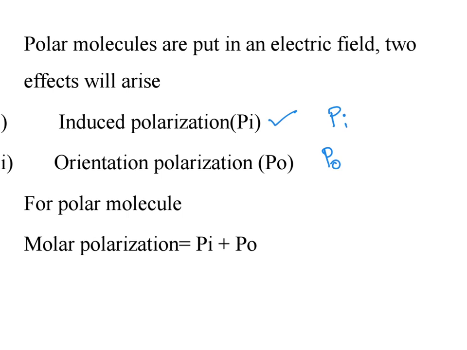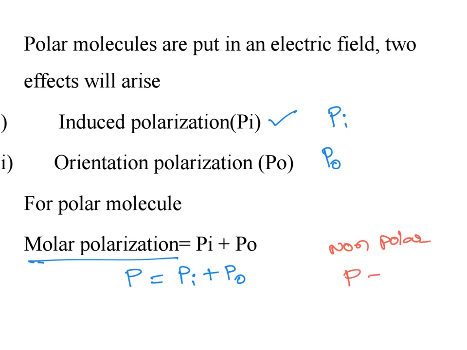So for polar molecule, total polarization, that is molar polarization, is equal to Pi, induced polarization, plus Po, orientation polarization. In the case of non-polar molecule, last class we have discussed, total polarization or molar polarization of non-polar molecule P equals only Pi, induced polarization.